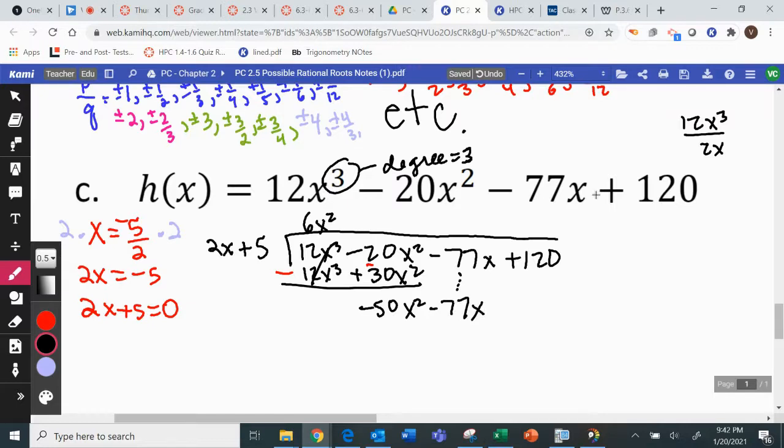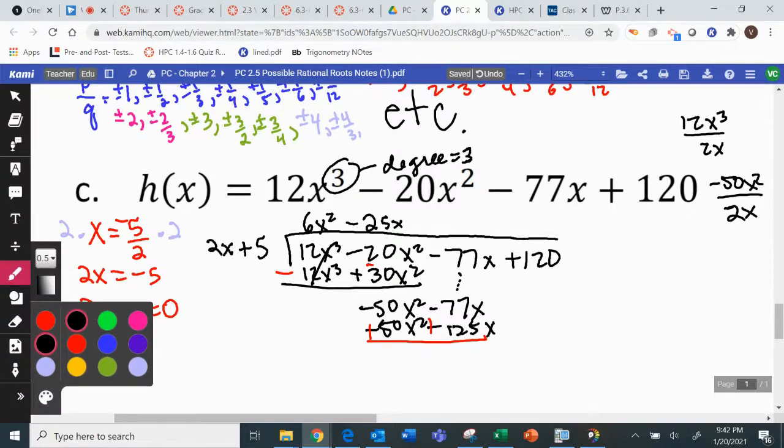Negative 2x into negative 50x squared. So it's going to give me minus 25x. Distribute. Negative 50x squared minus 125x. Draw the line, change the signs. And 25 plus 23, 48.